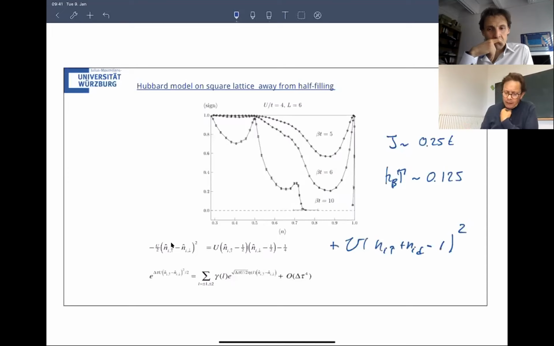And believe me, if you take beta equals 2, you just do it this way. If you take beta equals 2, the sign will be basically 0. So you can play a lot with the sign, with the formulation, auxiliary field, or world line, or something else. And then within the auxiliary field, you can optimize the sign by choosing the correct Hubbard-Stratonovich.